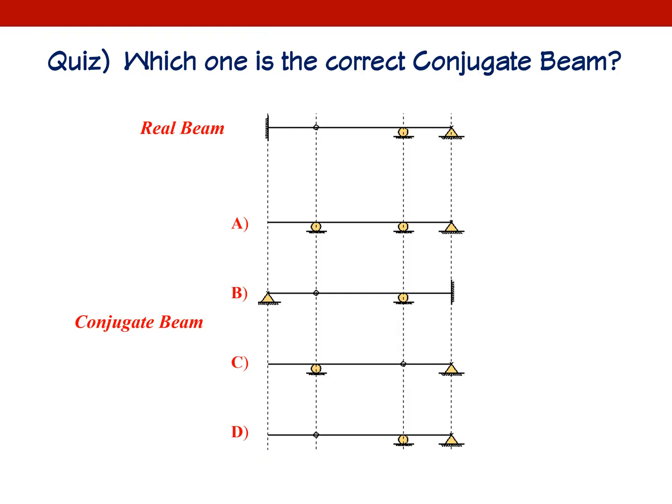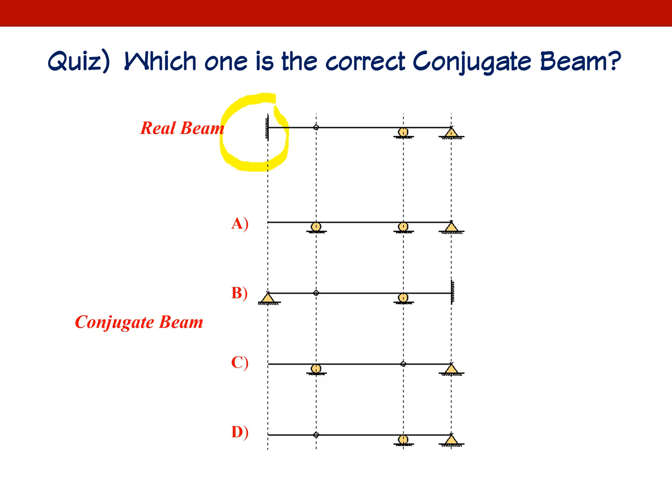Okay, let's learn through a quiz problem. The real beam is given at top, and we are going to try to find the corresponding conjugate beam. Again, one real beam has only one unique conjugate beam, so there is a one-to-one relationship. Okay, first, let's go from the left support to the right. We have 1, 2, 3, 4 supports.